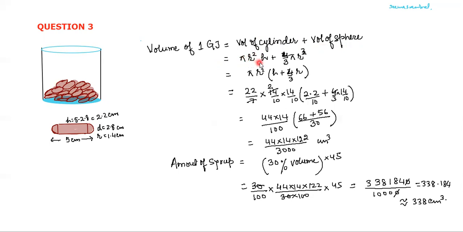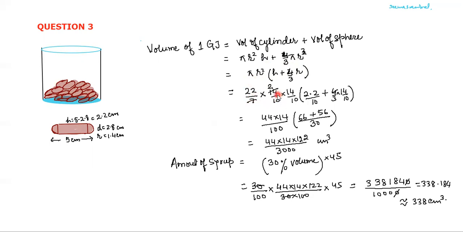Pi r square h is the volume of the cylinder and volume of the sphere is 4 upon 3 pi r cube. Take out common. So pi r square can be taken common. Inside you are left with h, and here you are left with 4 upon 3 r. 1 r only is left, 2 r's you have taken common. Now fill in the value. Pi is 22 by 7.